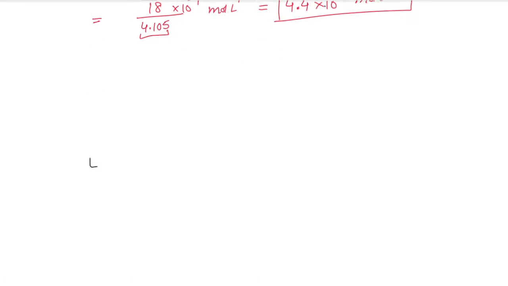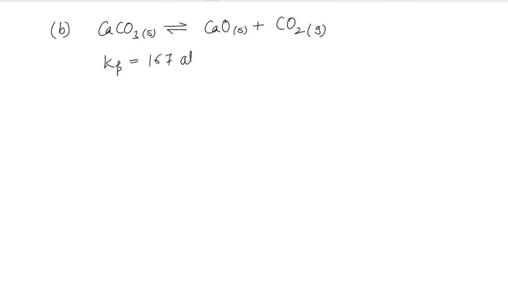Now second part is calcium carbonate solid to give calcium oxide solid plus CO2 gas. Tell me what is delta Ng? Here again Kp is given to you, 167 atmosphere.